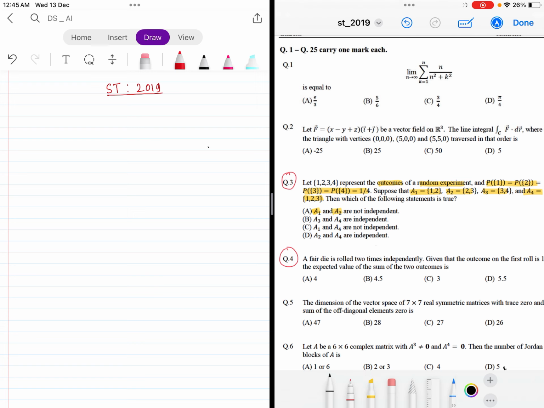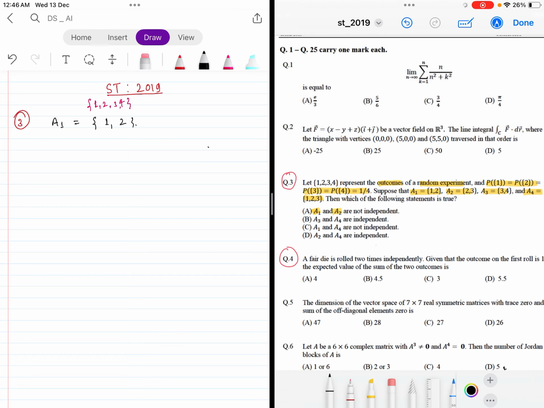Okay, so let's solve this question number 3. Let's look at event A1. A1 has two elements. We are given that 1, 2, 3, 4 are equally probable, each with probability 1 by 4.